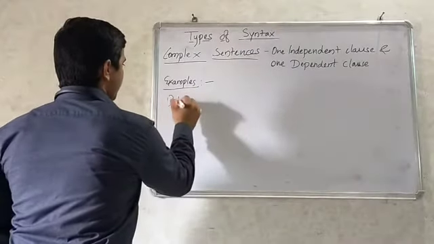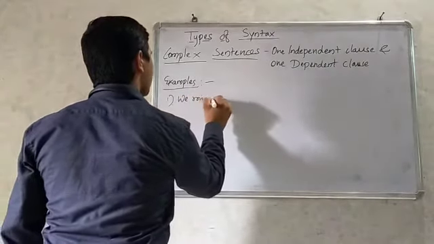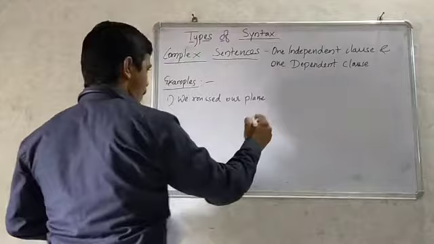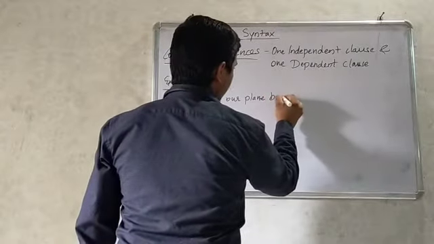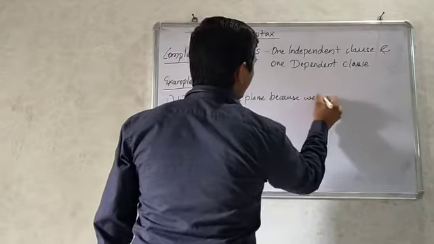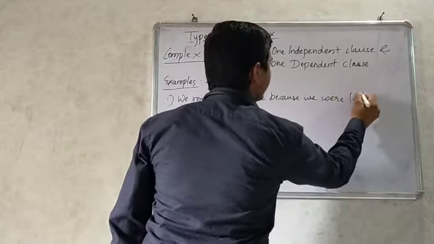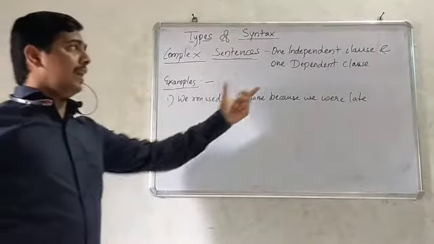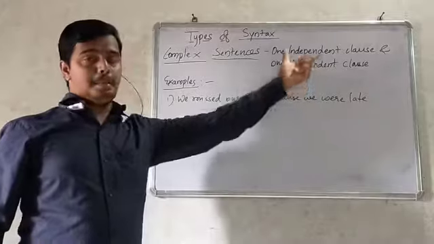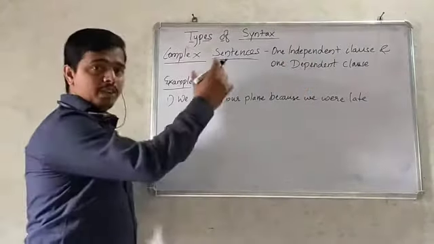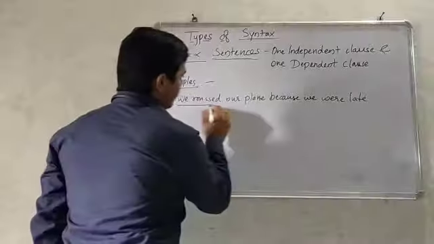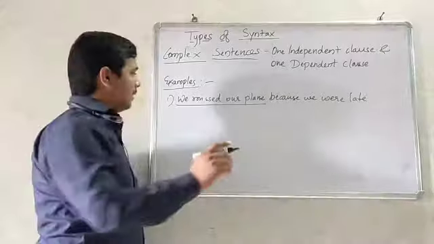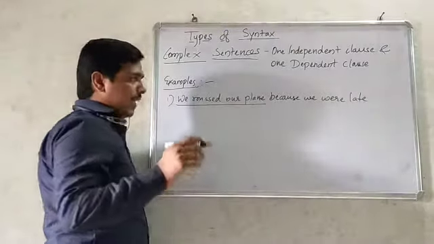We missed our plane because we were late. Here you will find one independent clause and one dependent clause. Let us find the independent clause first of all. We missed our plane. This sentence gives complete thought and meaning. We can understand.